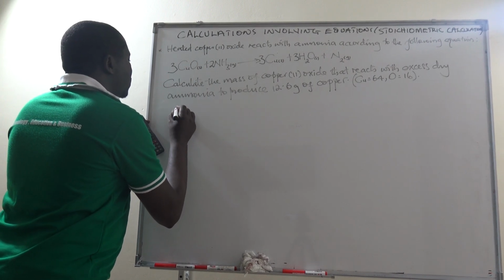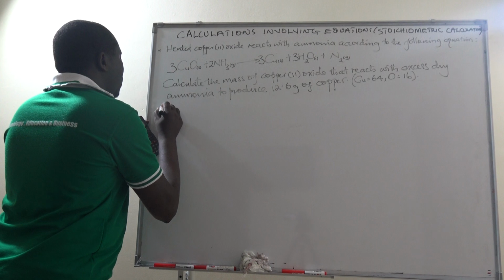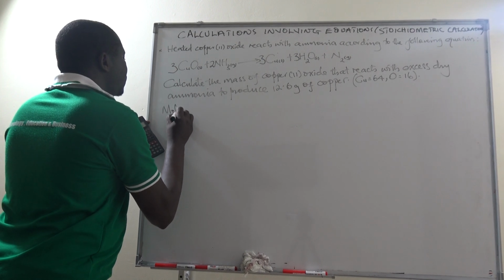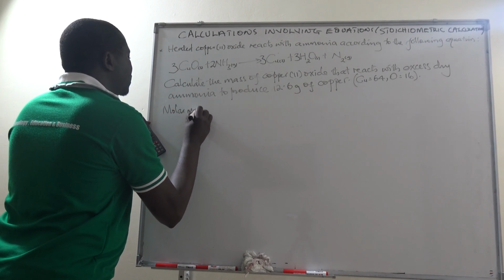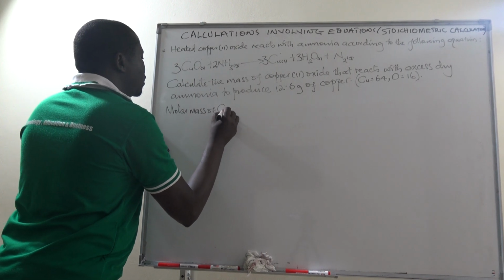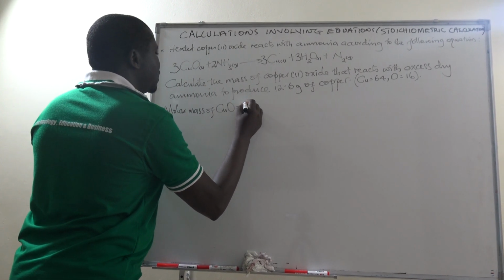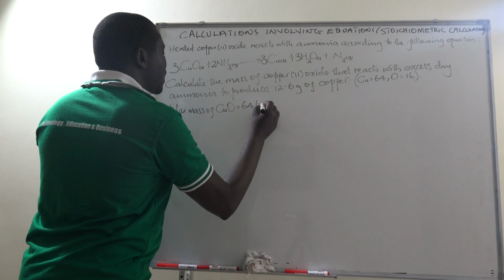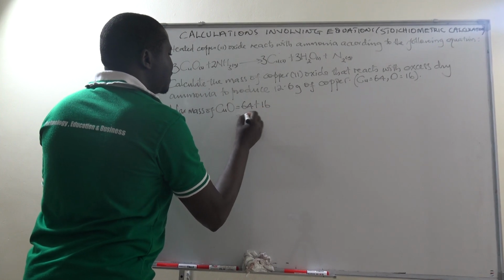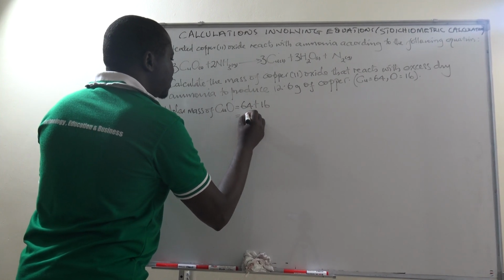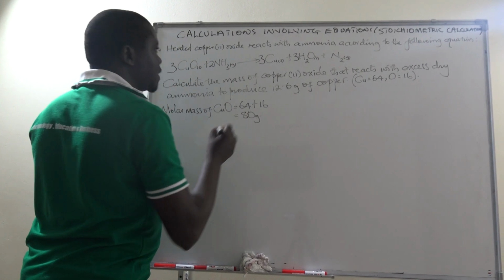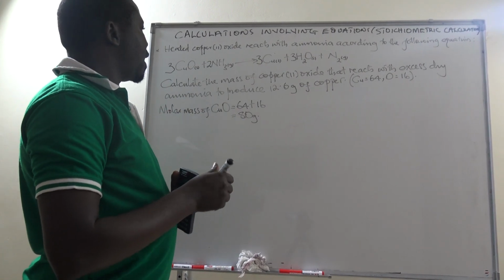So let's first get the molar mass of each of those substances. The molar mass of copper(II) oxide is 64 plus 16, which gives us 80 grams. Now, copper is not a compound.